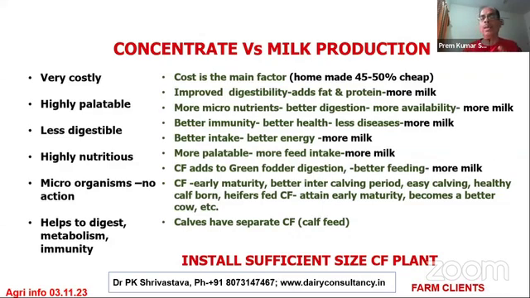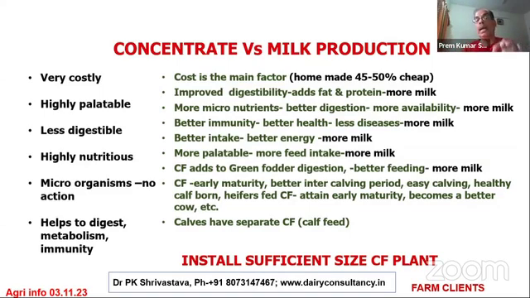Now, if it is a very costly item, what to do? Homemade will be 40 to 50% cheaper than what is available in the market, and it is 2 times better than what is available in the market. 40% cheaper and 2 times better.